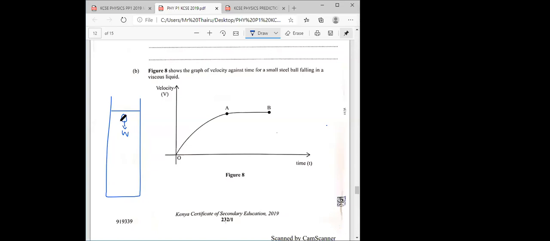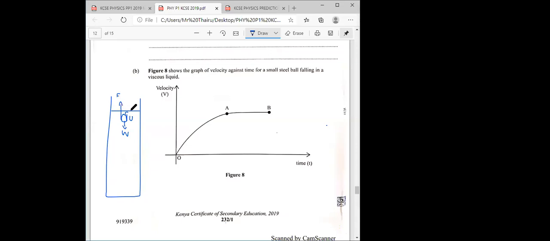But as it is getting deeper into the liquid, there is an upthrust force acting on it upwards. This is upthrust, plus the viscous force that is still working on it.